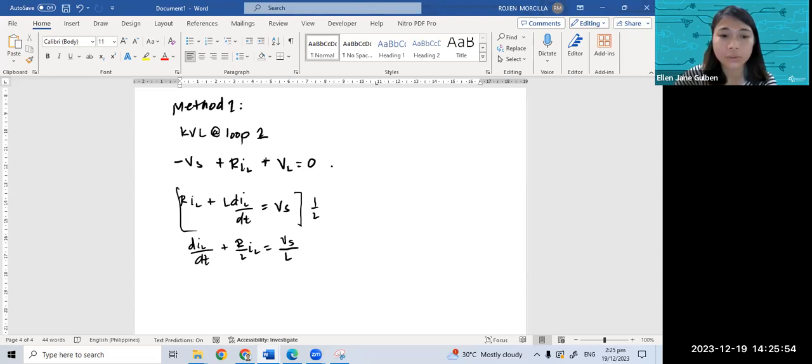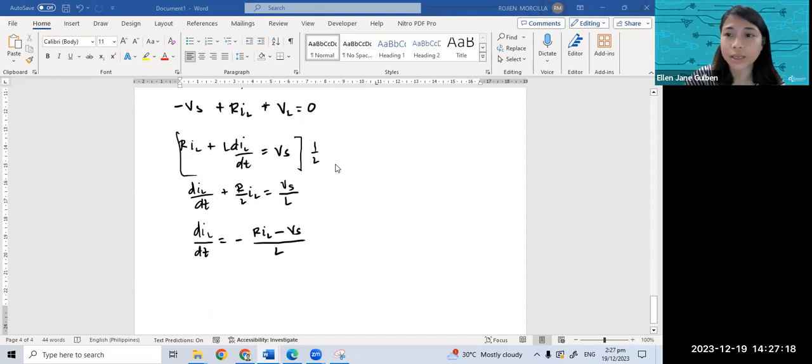Now, we are going to use variable separable. dIL/dt is equal to negative R IL minus Vs over L. So to make the variables separable, all the IL we combine on one side, and the dt on the other side, the part without IL.